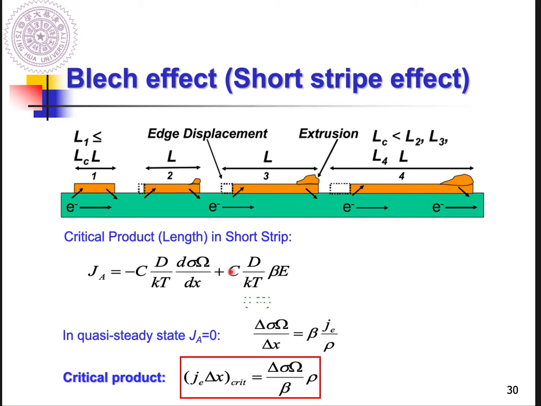Due to the electron migration, the effect will be mobility, concentration, and the driving force, which will be beta E. And this EM is going to push more atoms to accumulate on the right-hand side and more vacancies to be present on the left-hand side, and cause a stress field within it, right?